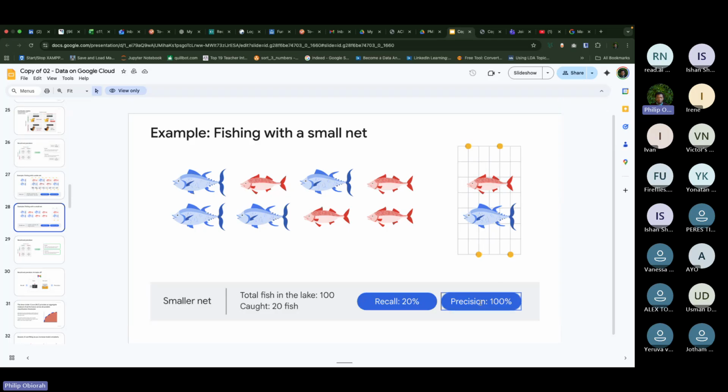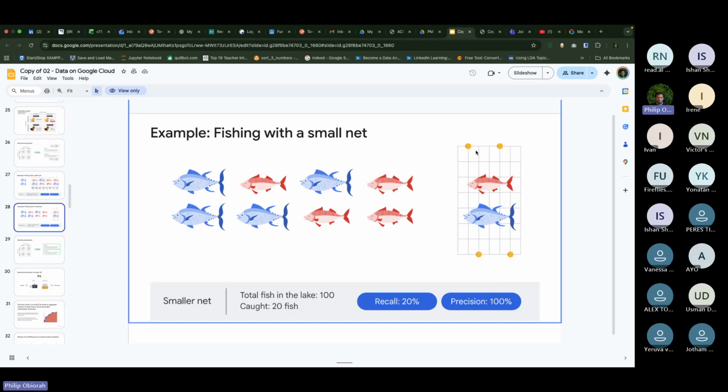Our precision here is 100%. Each time we do a prediction, we are catching just the fishes with no rocks. You can see our recall rate is what? 20%. So depending on the use case, we decide on what to use.